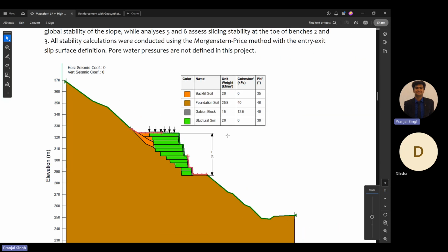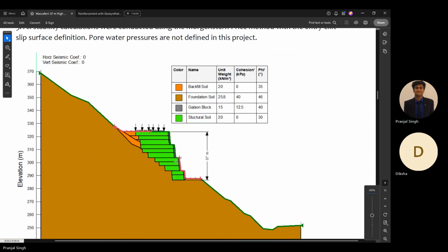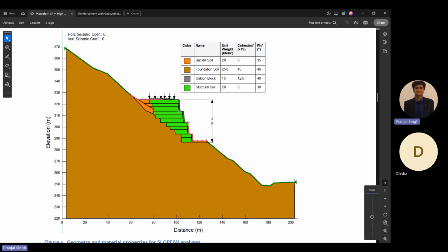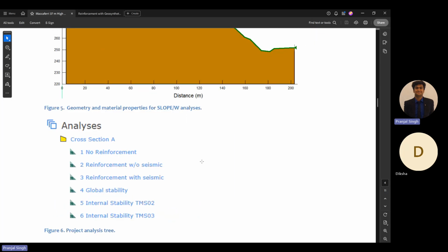Each has its different cohesion value and phi value. So you can see for the structural soil, the phi is the least. So most likely the critical failure surface will pass through this. And there is some top load due to the traffic also applied. And there is no horizontal seismic load applied in this case.